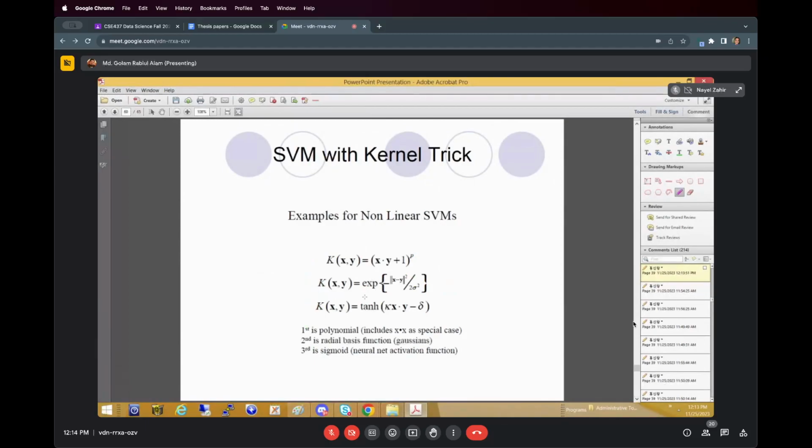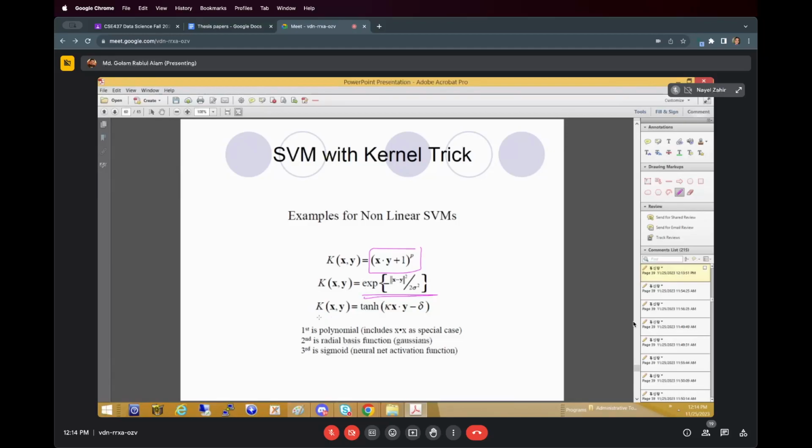So for the polynomial this is the equation, and using this equation it will transform those data points into a new subspace. For the radial basis function this kernel is used: e to the power minus of x minus y square divided by 2 sigma square. Sigma is our standard deviation, and sigma square is our variance.